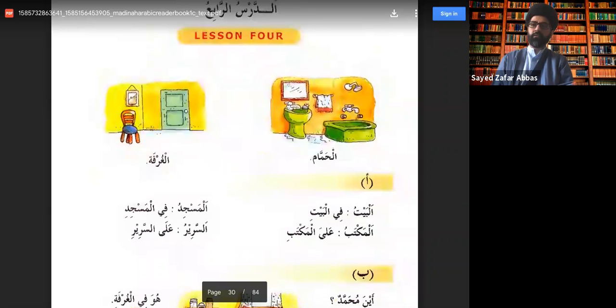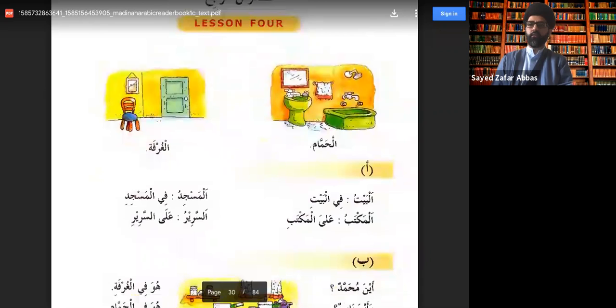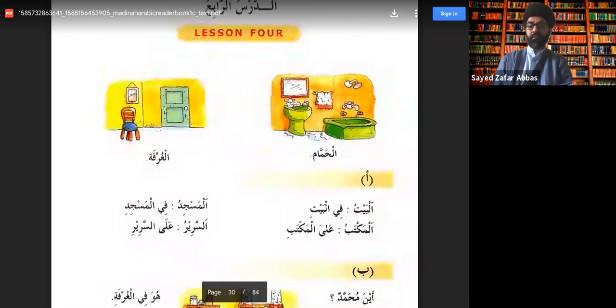The second category is called fi'l, which we would translate as verbs. And everything that's not either an ism, a noun, or a fi'l, a verb, is called a harf, which in English we might translate as prepositions.